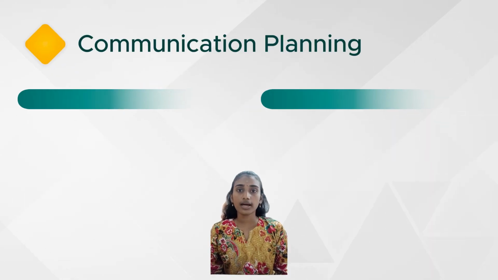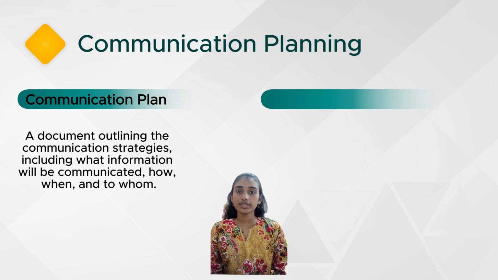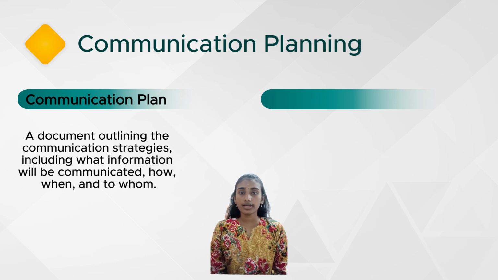Once stakeholders are identified and analyzed, the next step is communication planning. This involves creating a communication plan that outlines what information will be communicated, how it will be communicated, when it will be communicated, and to whom. The communication plan ensures that there is a structured approach to keeping all stakeholders informed.